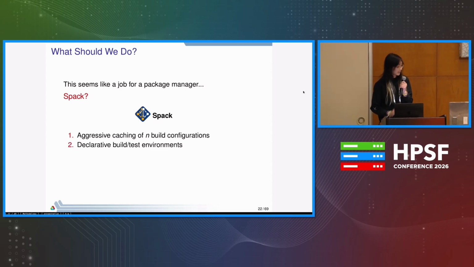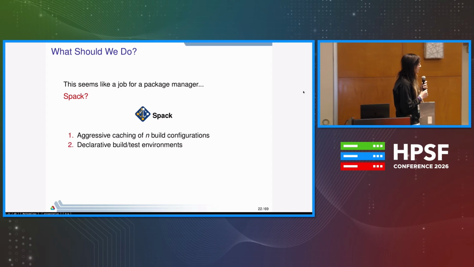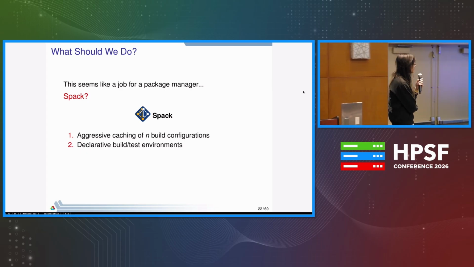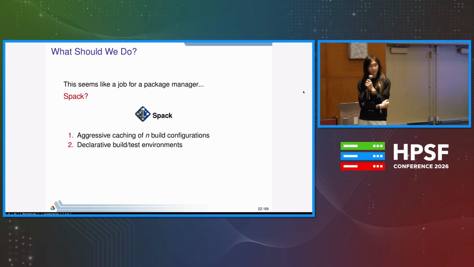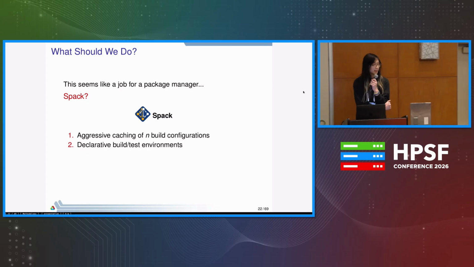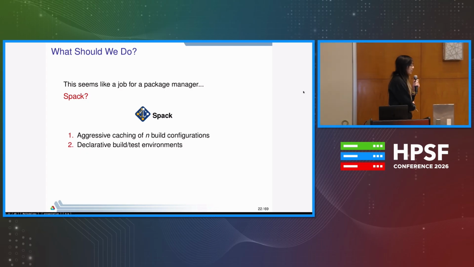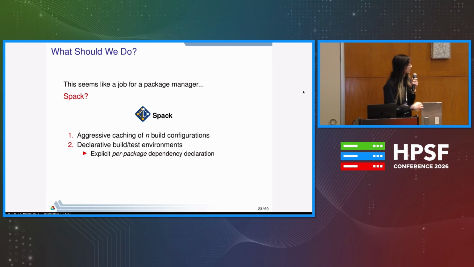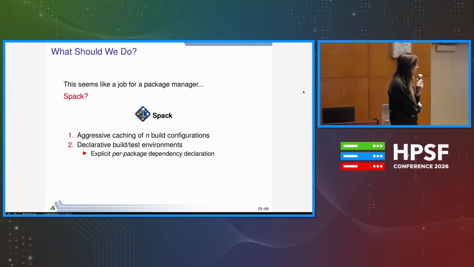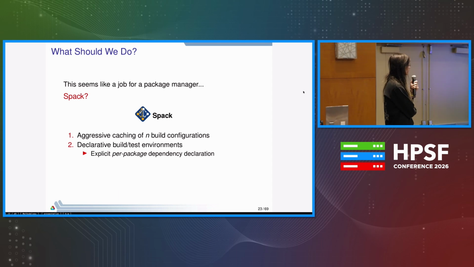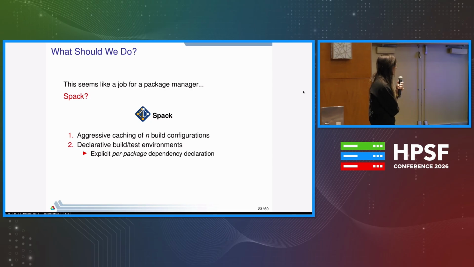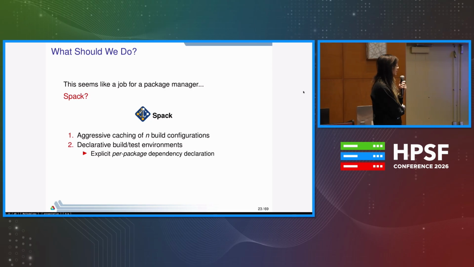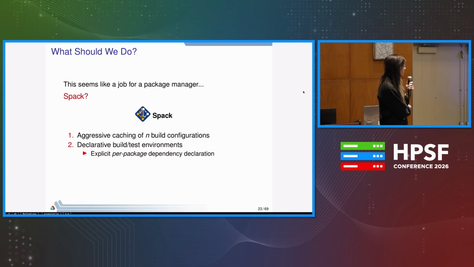So in addition to that, we have very declarative build and test environments from Spack. We can define a YAML file, and that can pull in the version of MPICH that we want with all the versions of libfabric and UCX, for example, that we want, which is really convenient for a CI environment where we want to make sure that the exact dependencies that we're trying to build against and test against are in the environment at runtime.